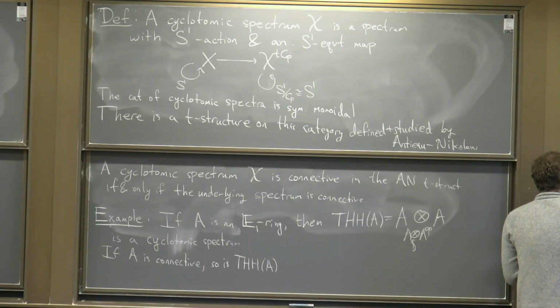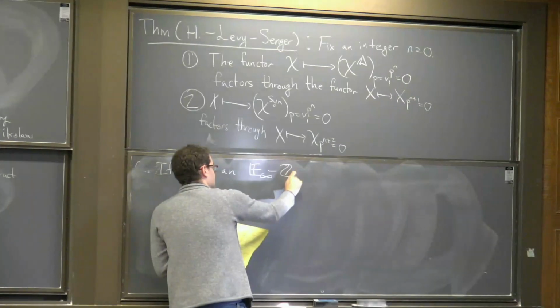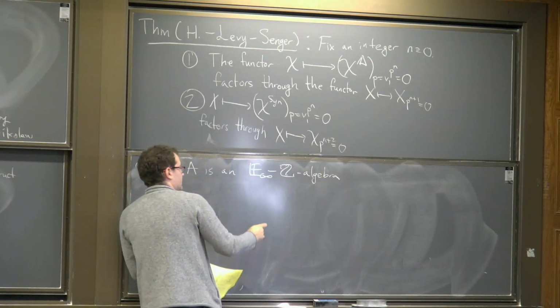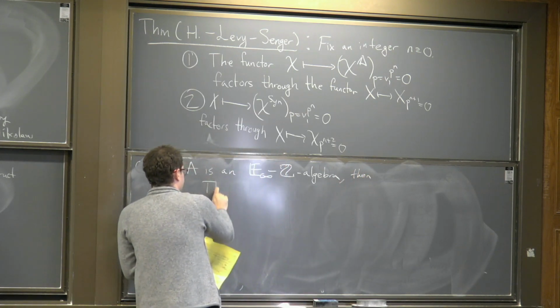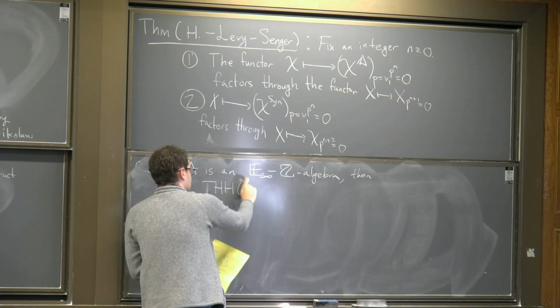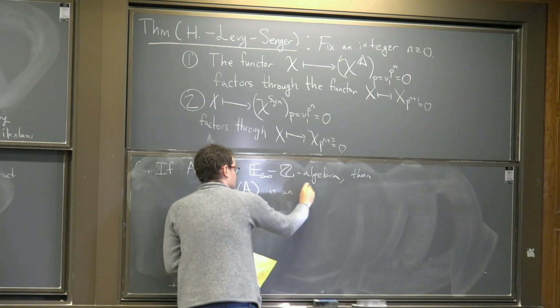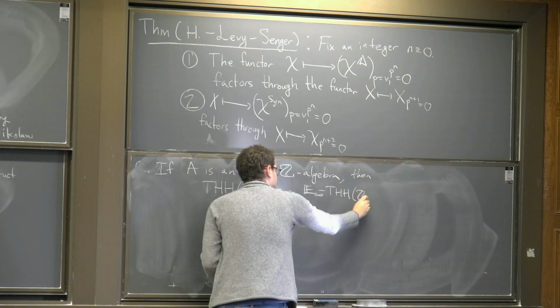So if A is not just an E_1 ring, but if A is an E_infinity-Z-algebra, for example, if A is a discrete classical ring, then THH of A is an E_infinity THH(Z)-algebra.